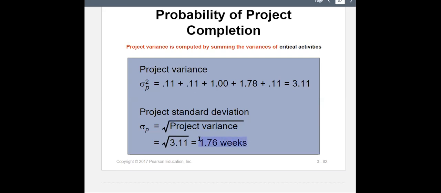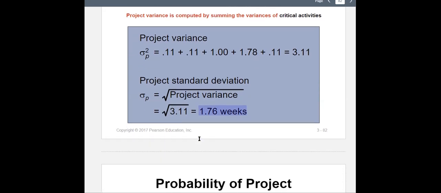So assuming normality for activity times, we can simply use the rule that 2 times the standard deviation includes 95% of activities, right? 99.7% is in the range of the mean or expected value plus or minus 3 times standard deviation.